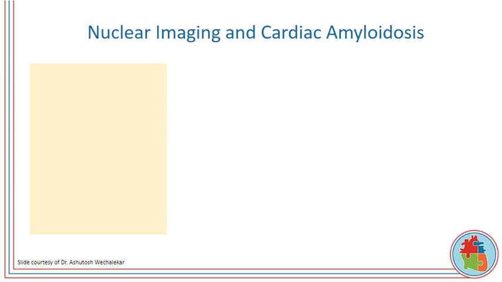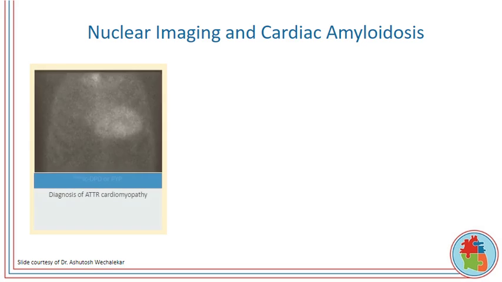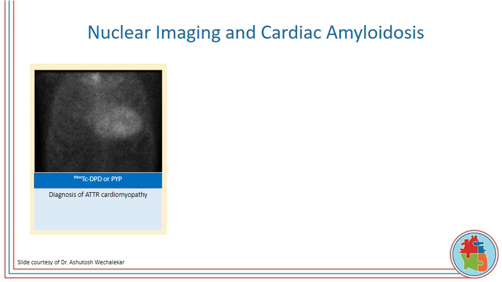Finally, nuclear imaging has both established and emerging roles in the management of cardiac amyloidosis. Technetium-labeled nuclear imaging using DPD in Europe or PYP in the US plays a key role in non-invasive diagnosis of transthyretin cardiac amyloidosis. In a large multi-center study, technetium nuclear imaging was found to be highly sensitive and specific for transthyretin cardiac amyloidosis.